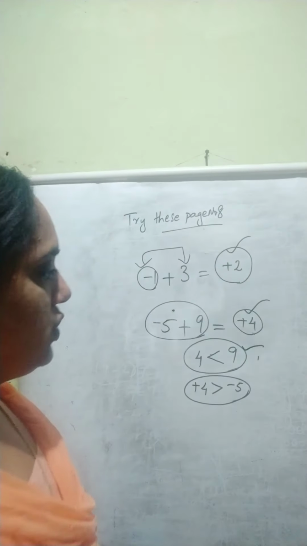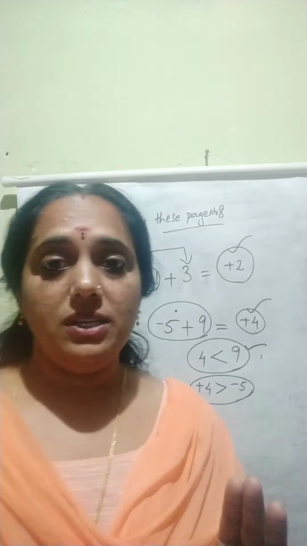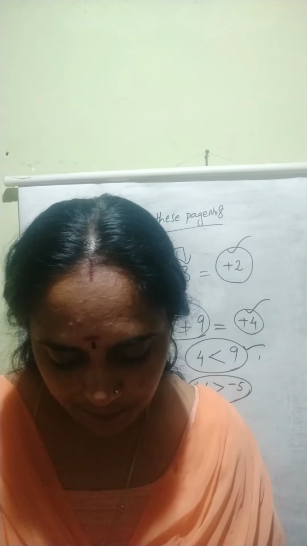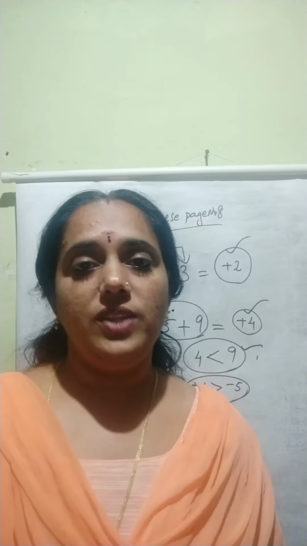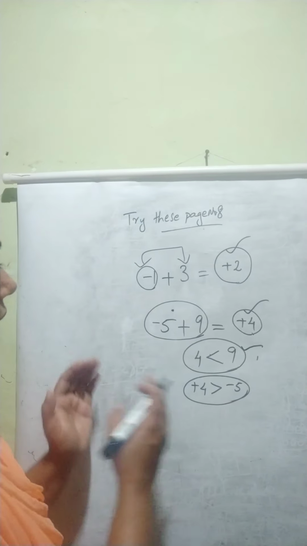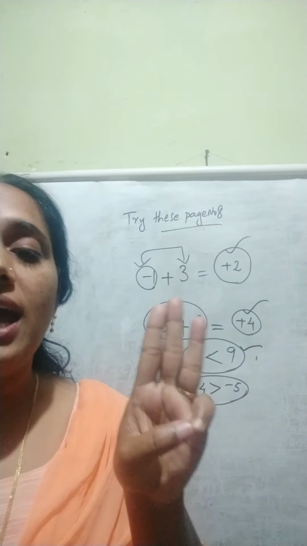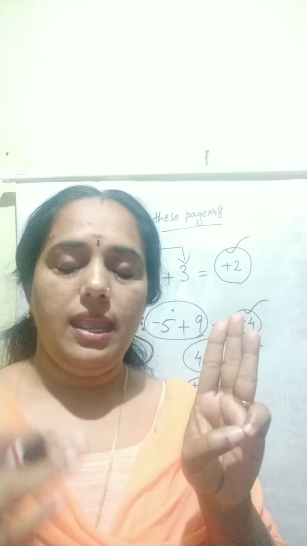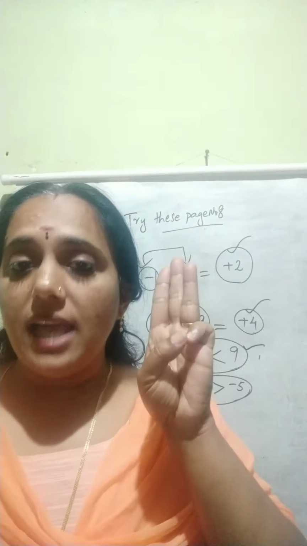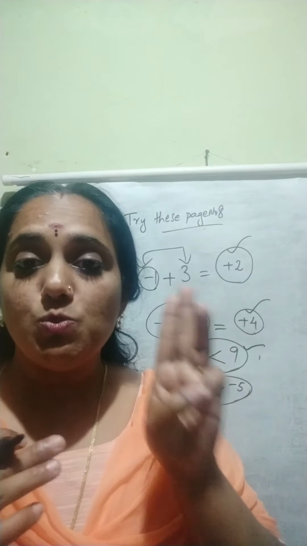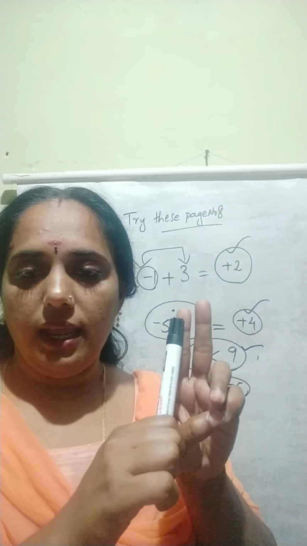This was the question. What is the question? An integer smaller than only one of the integers. We have to add two integers. Then we will get another integer as the answer. At that time, what is the condition? This answer should be smaller than any one of these.